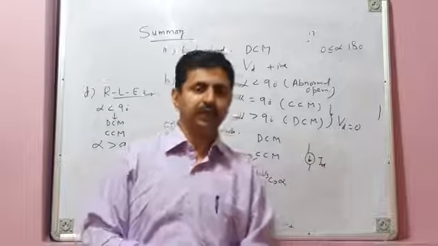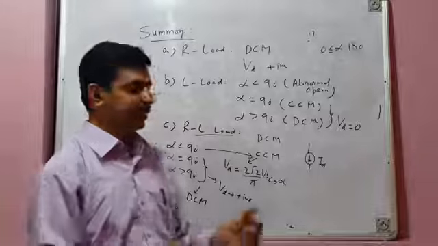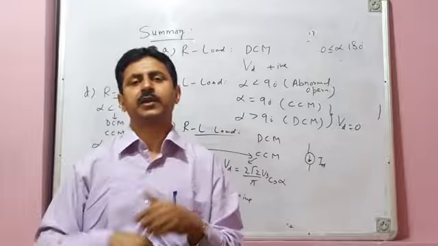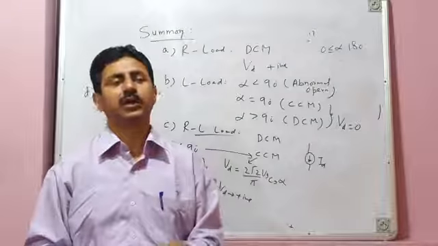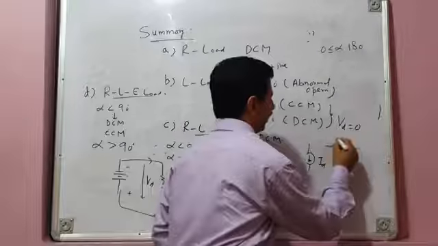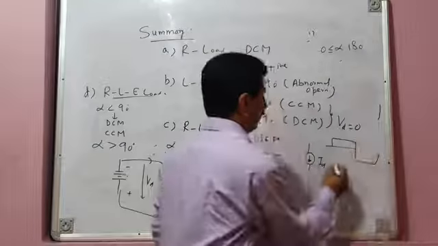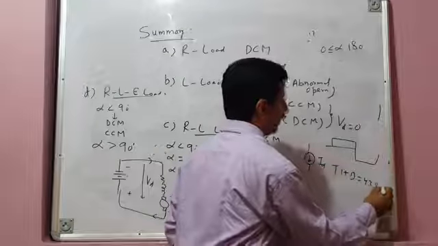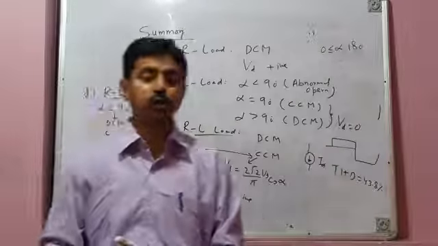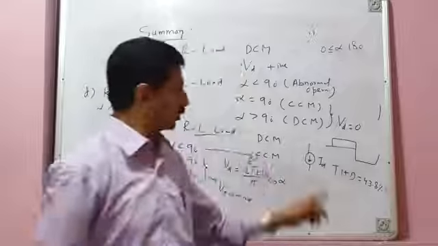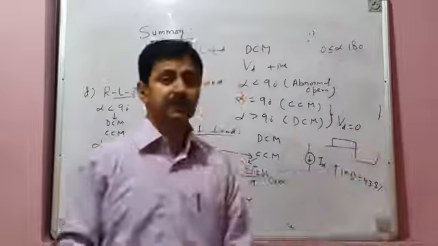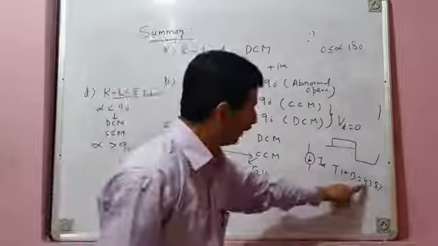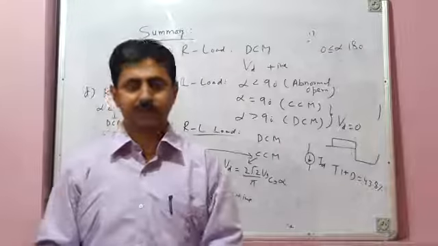For a highly inductive load, sufficiently inductive load, where constant load current is flowing, ripple free load current is flowing, where load current is rectangular like this, we have found THD as equal to 43.8%, which shows a high level of pollution in the source current, which shows that source current is not sinusoidal, it is non-sinusoidal, and its pollution level is as high as 43.8%.